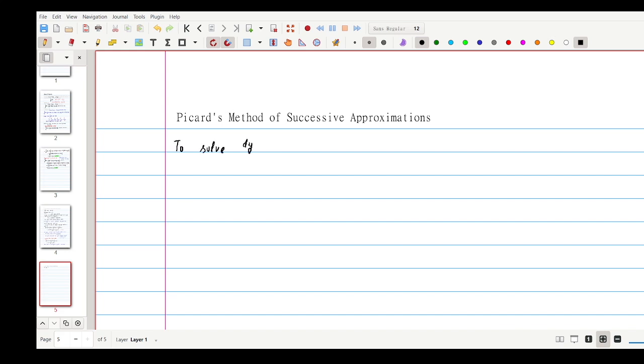To solve an initial value problem of this form, dy by dx is equal to f of x, y with the initial condition y of x naught is equal to y naught, we define the nth Picard's approximation.